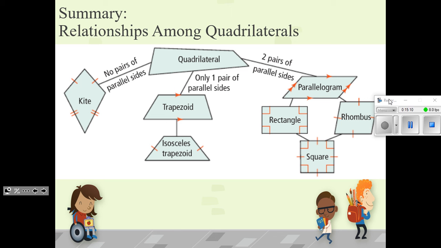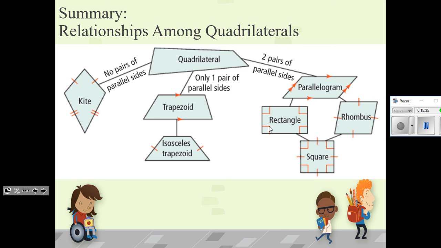So if you look at this, we have this relationship among quadrilaterals. The big picture is quadrilateral. Any four-sided polygon is a quadrilateral. If you only have one pair of parallel sides, look here. It's a trapezoid or isosceles trapezoid. Isosceles has the same side length. If you have two pairs of parallel sides, you have a parallelogram.